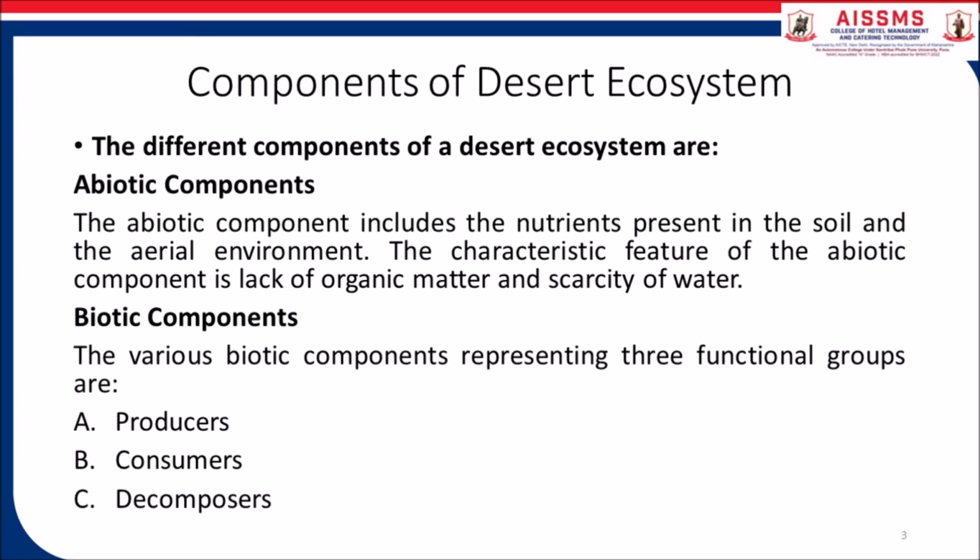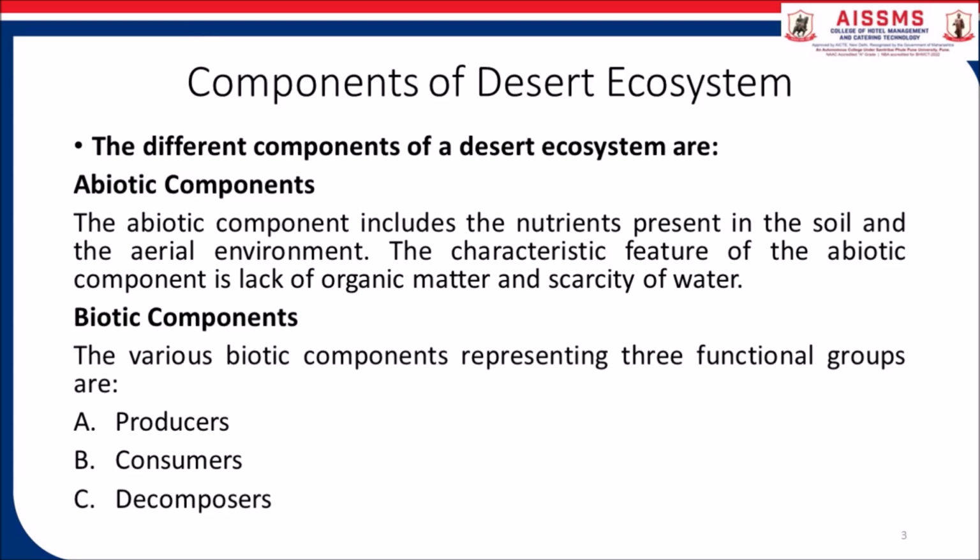The characteristic feature of the abiotic component is lack of organic matter in the soil and scarcity of water. Next, biotic component. The various biotic components representing 3 functional groups are further subdivided into producers, consumers and decomposers.